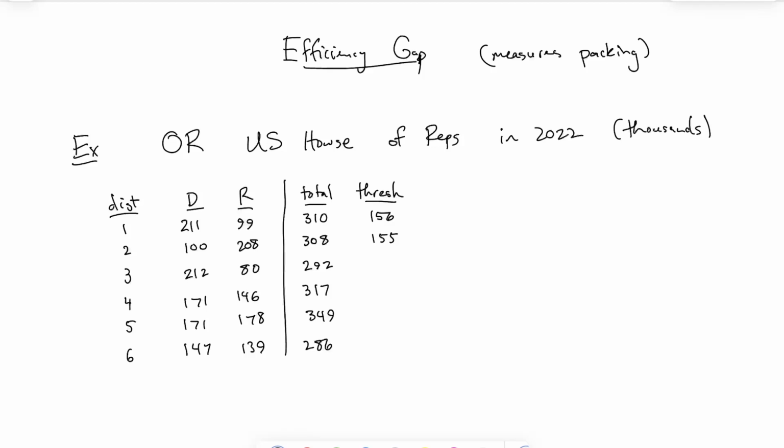And so on. 292, this one is harder for me to do in my head. I got 147. I guess half of 292 is 146, and then add 1. 317, this is an odd number, so for those ones you would divide by 2 and then round it up rather than adding 1. So 317, I got a threshold of 159. The 349 gives me a 175, and the 286 gives me a 144.